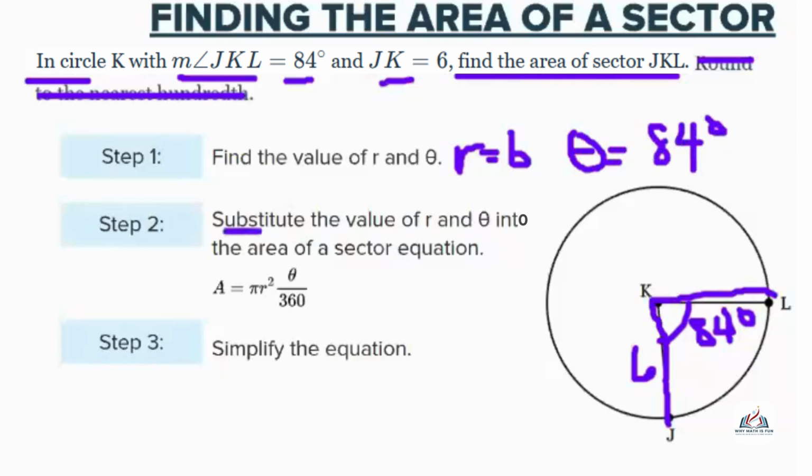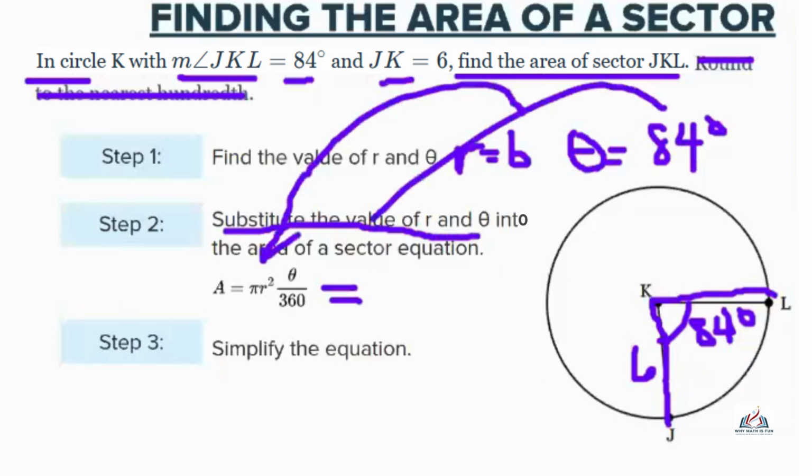Step two, substitute the values from step one into the area of the sector equation. Okay, so if we substitute the value of R, we'll put R right there and we'll put 84 right there for the angle measurement.